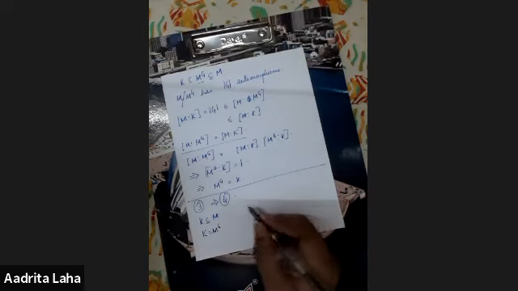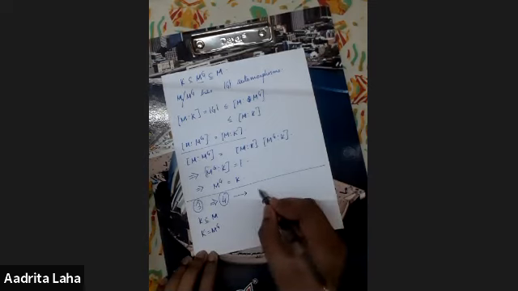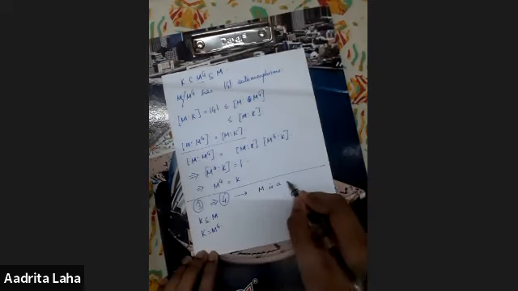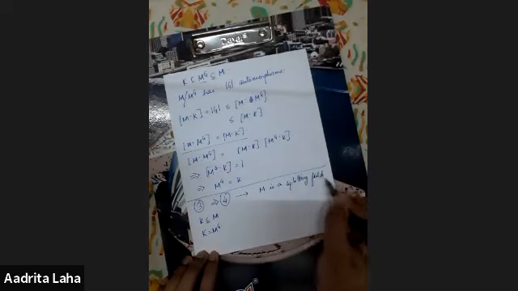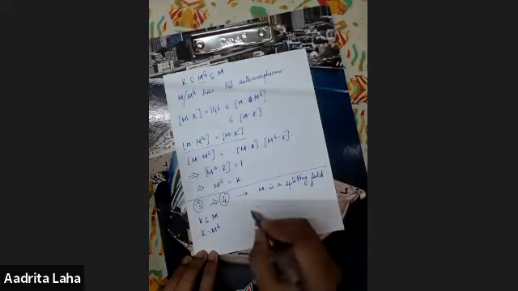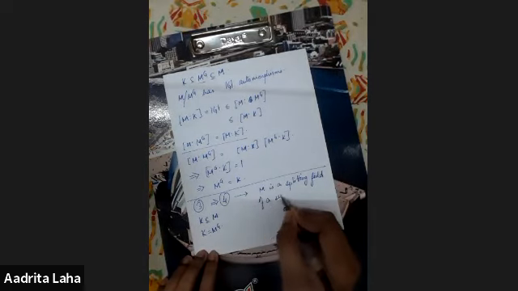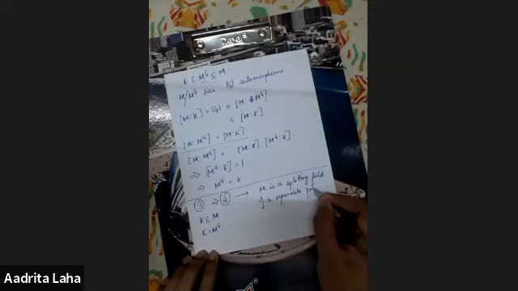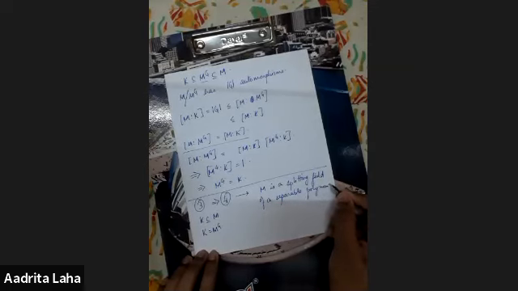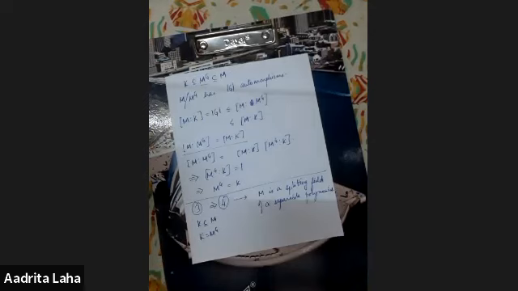And the fourth implication that we claim is that M is a splitting field of a separable polynomial. And proving this will give us the first 4 equivalences.